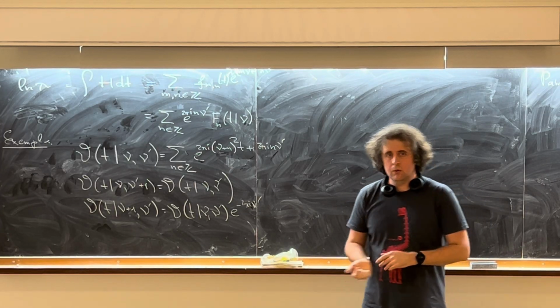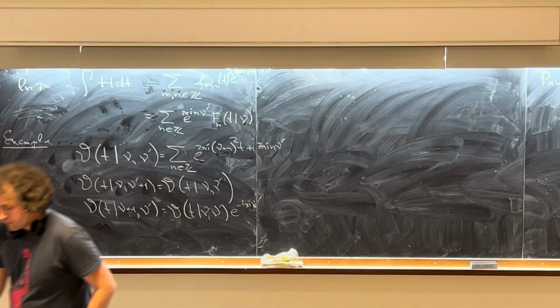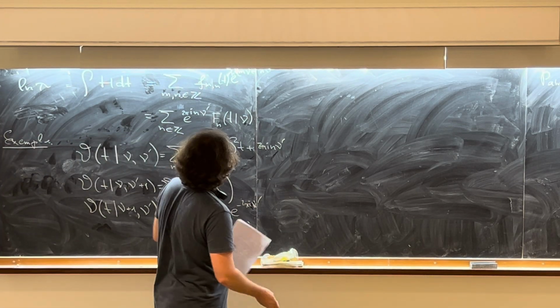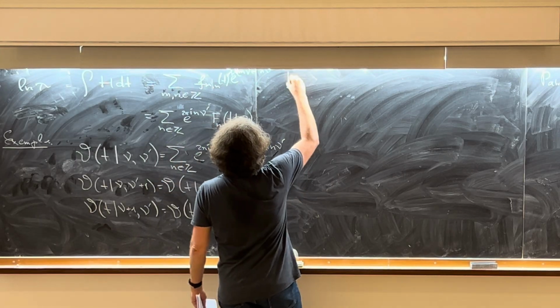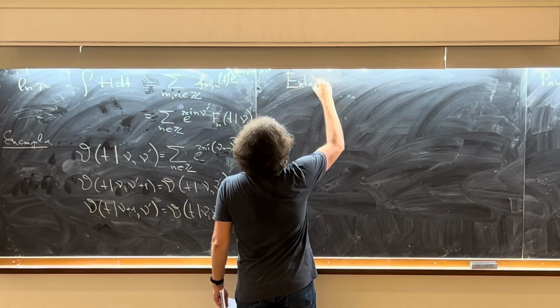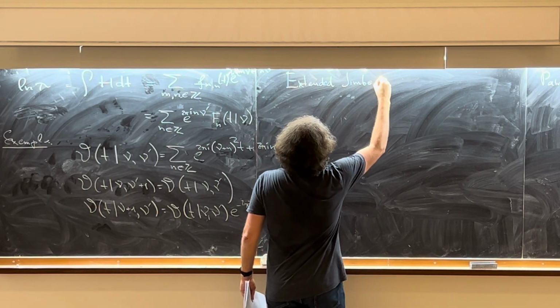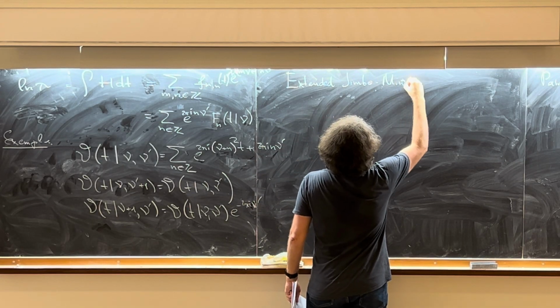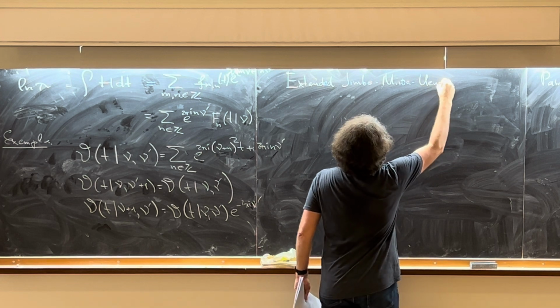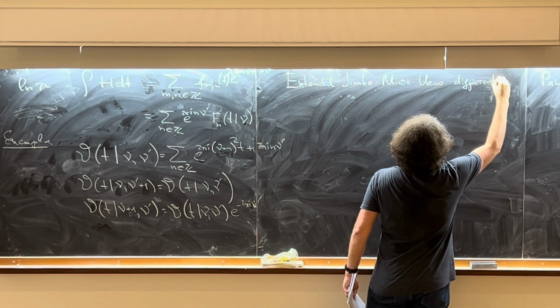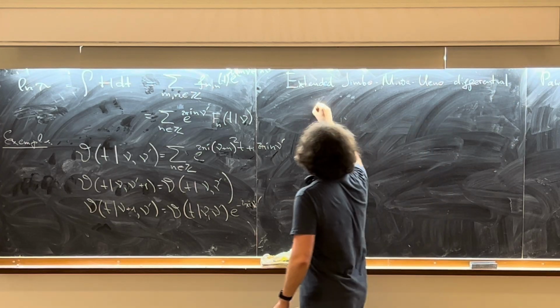No, not at all. We don't need this actually. So the key ingredient that we do need is called the extended Jimbo-Miwa-Ueno differential. So what is that?